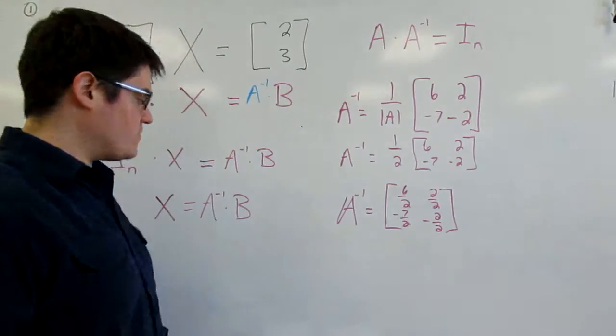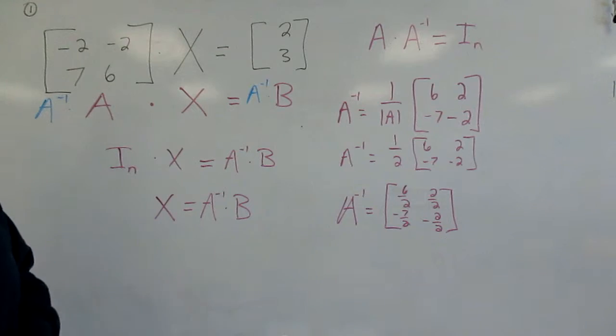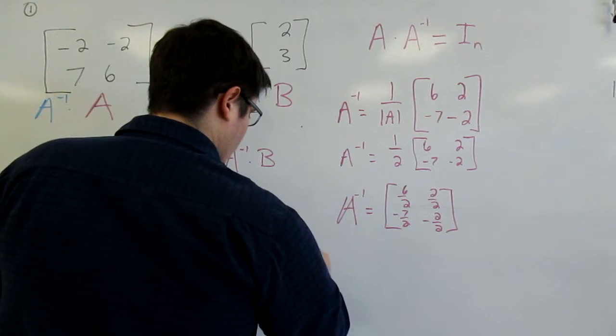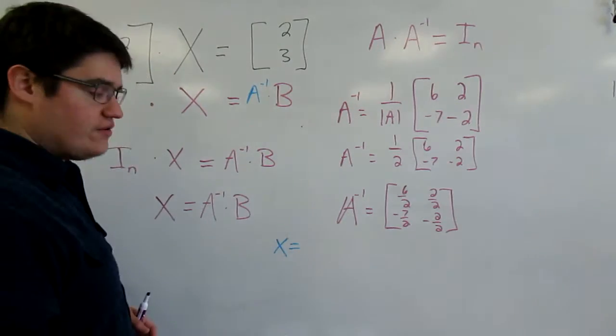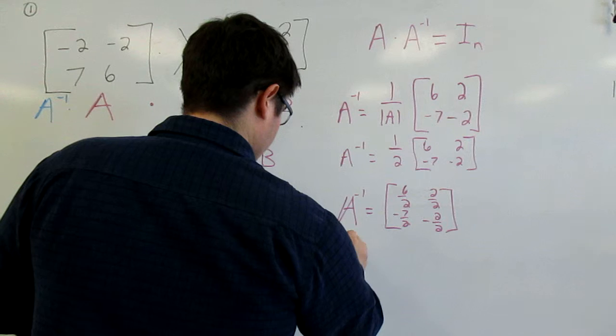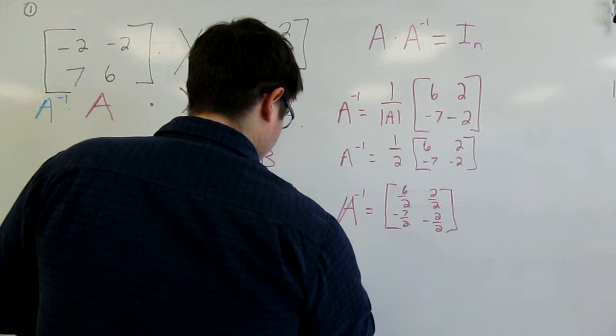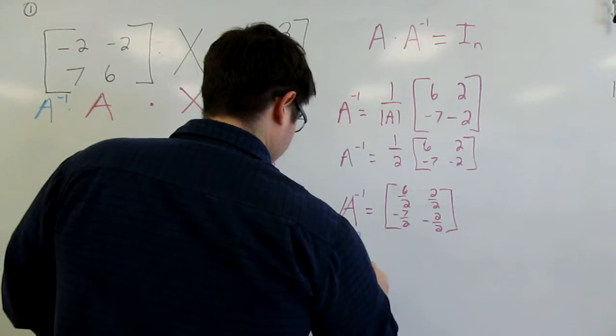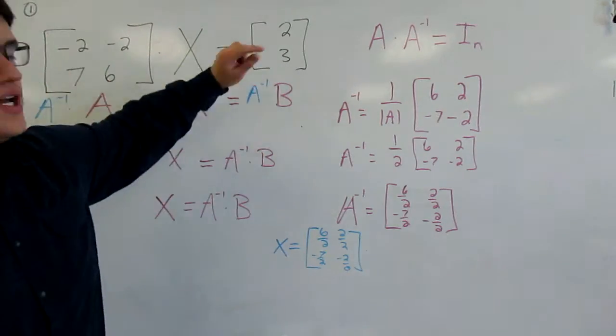Okay. Now, X is equal to A inverse times B. So X equals A inverse, 6 over 2, 2 over 2, -7 over 2, and I multiply that by B.